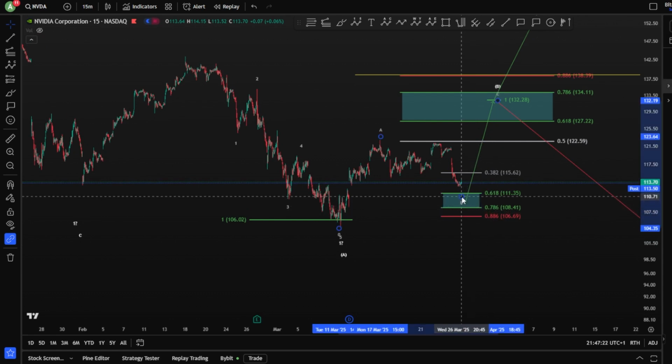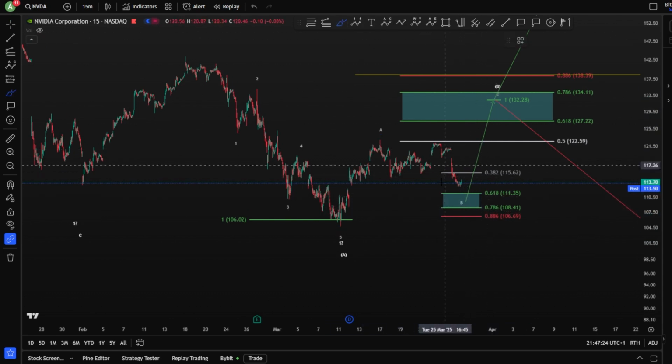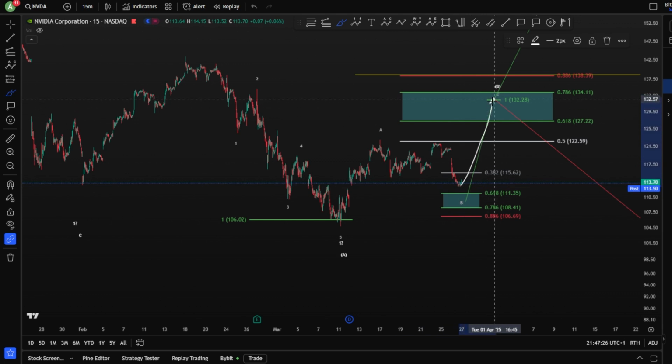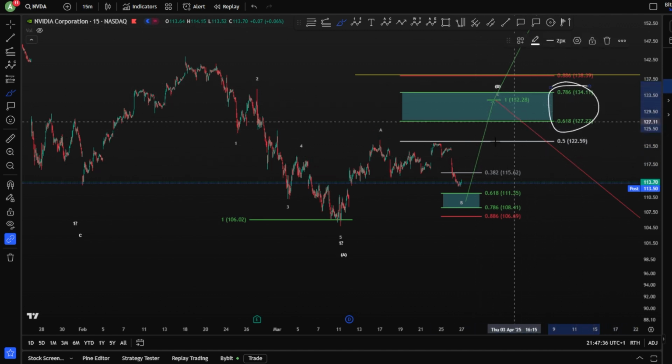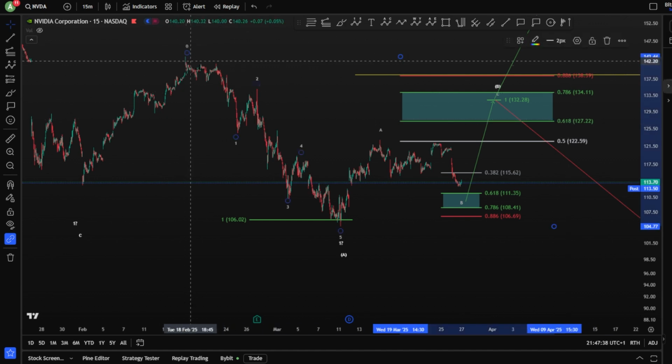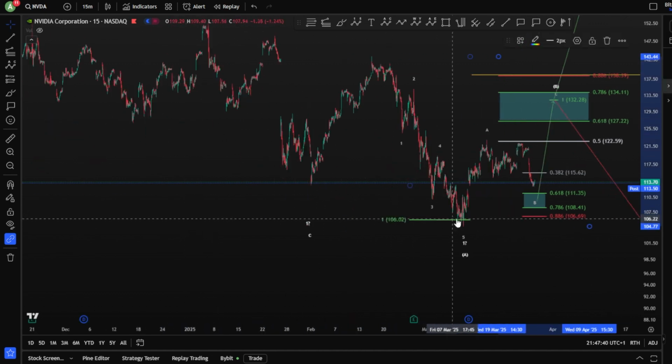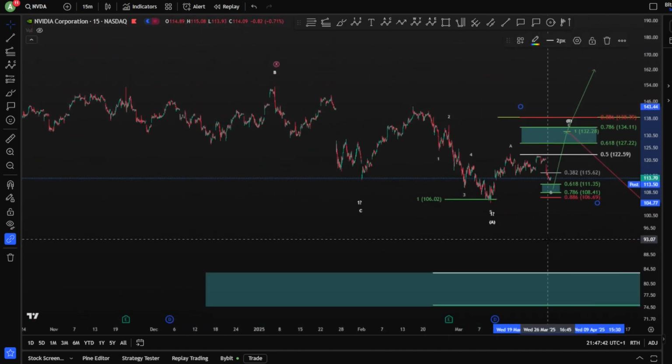In case it is a wave B, it is the same scenario as well, looking, of course, for a wave C at the 1-to-1 fib level, 132, in confluence, of course, with also the 0.786 and 0.618 taken from this move toward the downside. We're going to see how this is going to unfold.